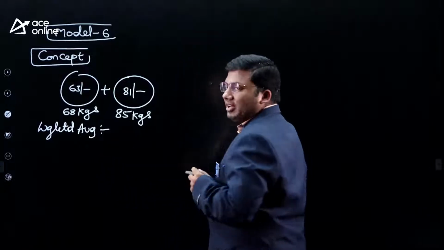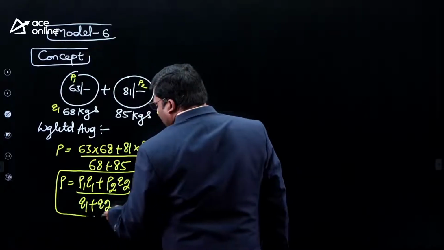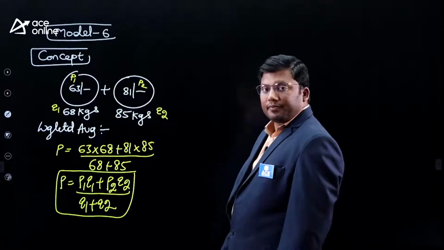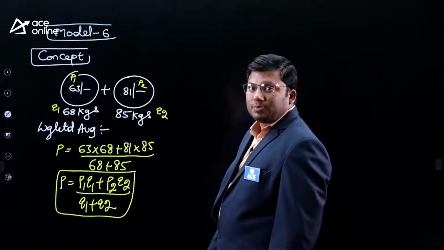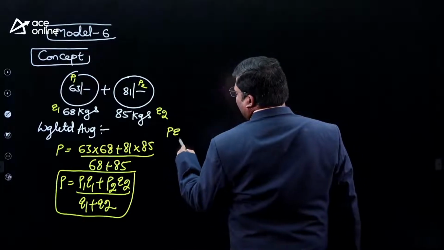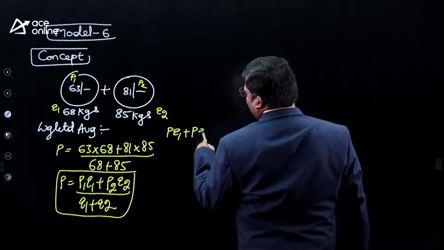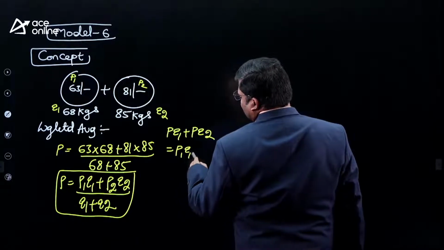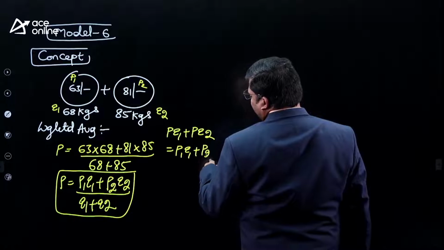The weighted average is P1 Q1 plus P2 Q2 divided by Q1 plus Q2. Let me cross multiply this one. P Q1 plus P Q2 is equivalent to P1 Q1 plus P2 Q2.